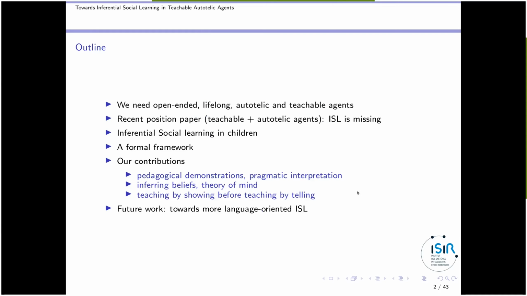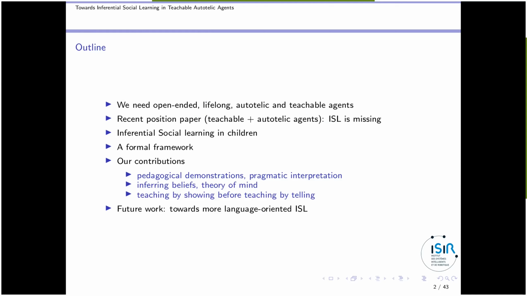So a quick overview. I will start from the open-ended learning challenge, as a lot of people here. I will show you that the kind of agents that we tend to build are missing some social capabilities that are precisely inferential social learning capabilities.